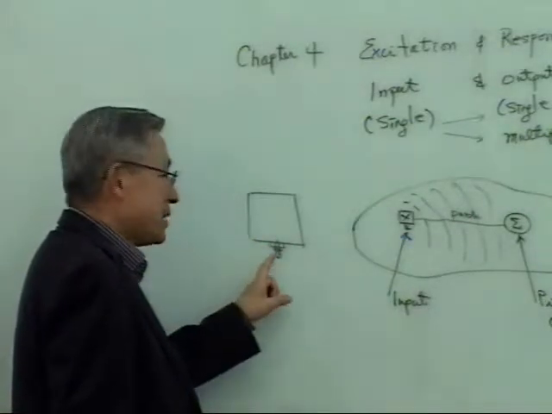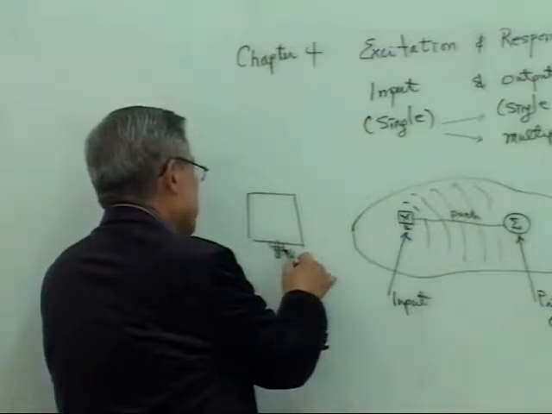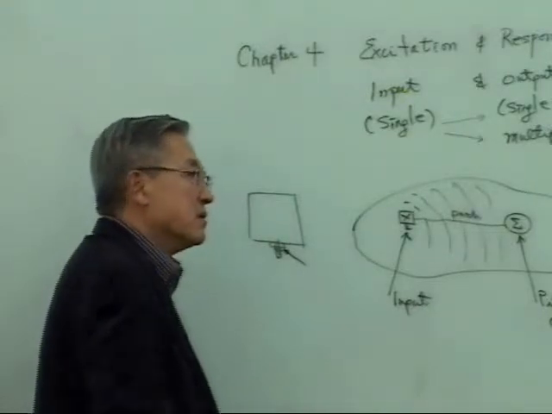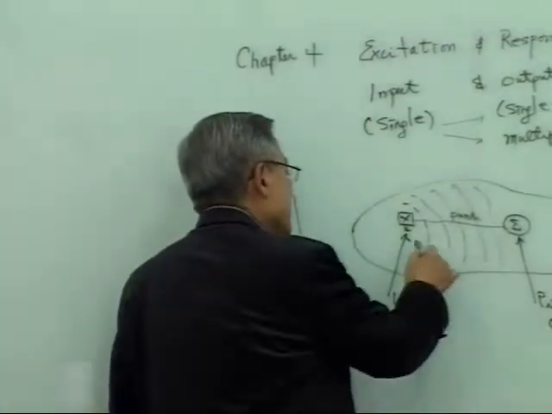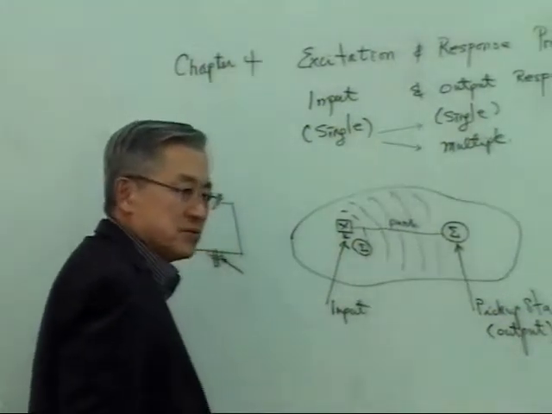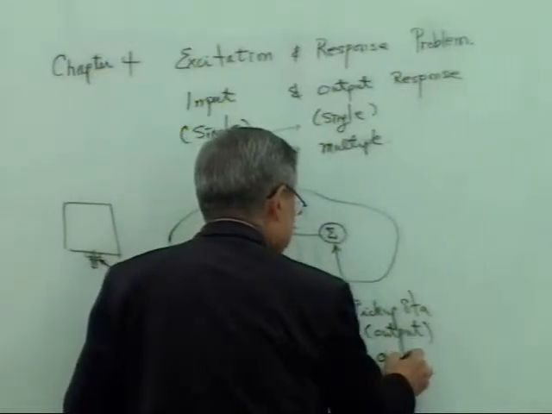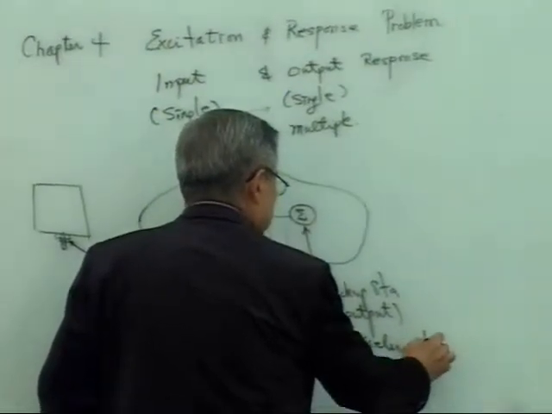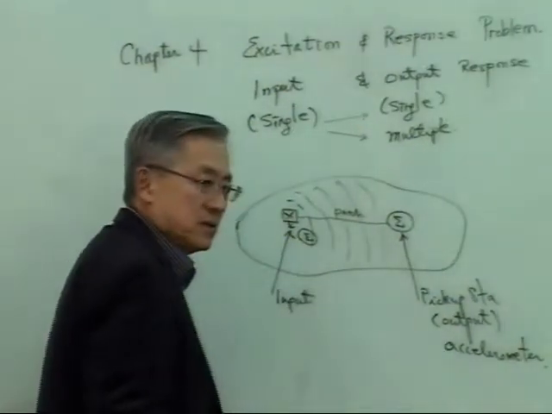Screw type, then it measures the force right here. The force transducer is right there. Or you can install the shaker by itself, then put the pickup transducer, usually an accelerometer.